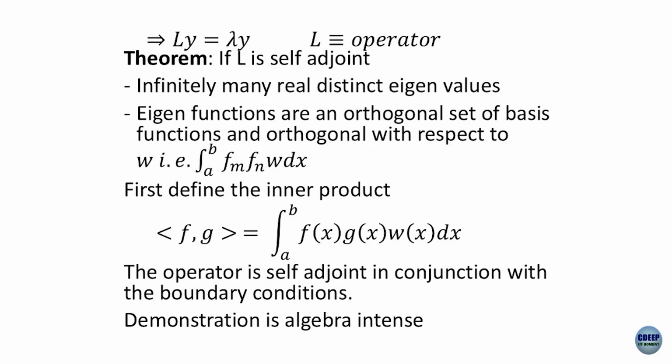All of this happens under the umbrella, because the orthogonality is not that straightforward here. It happens under the umbrella of that weight function, which is W, and the inner product is defined to be that number.